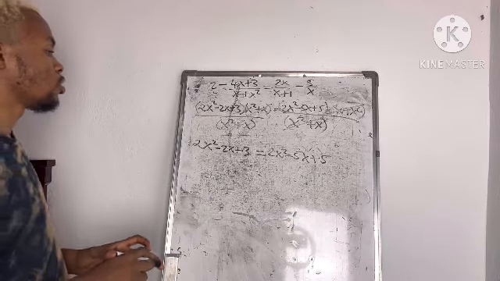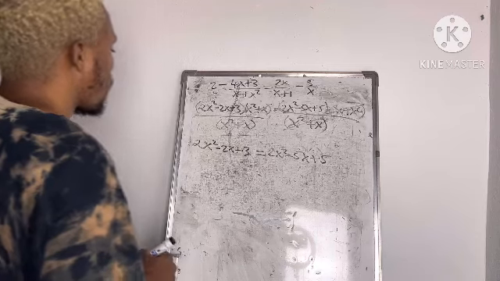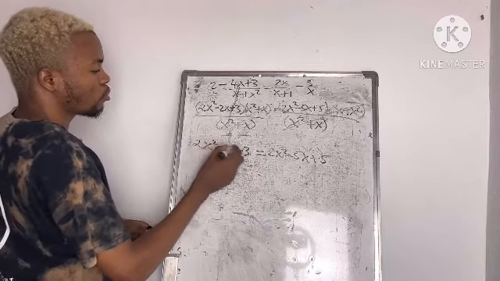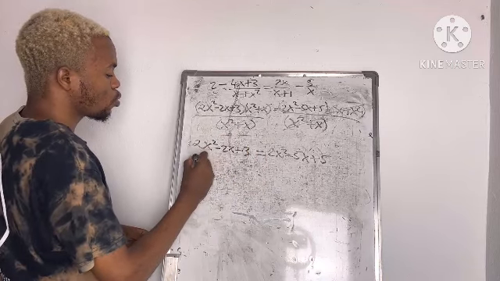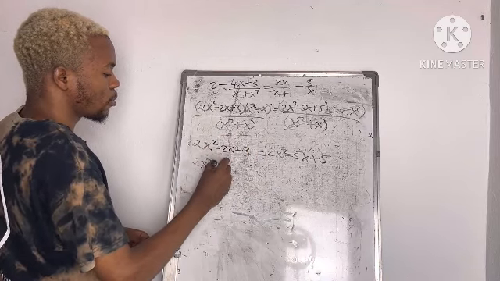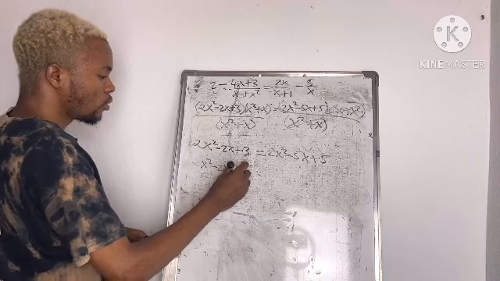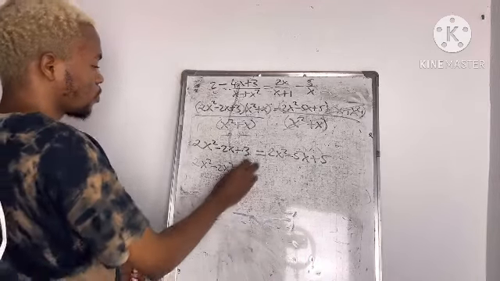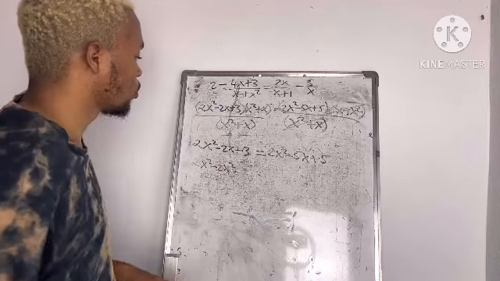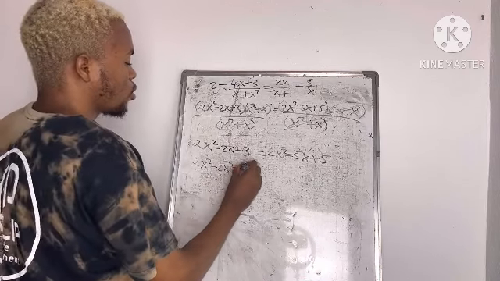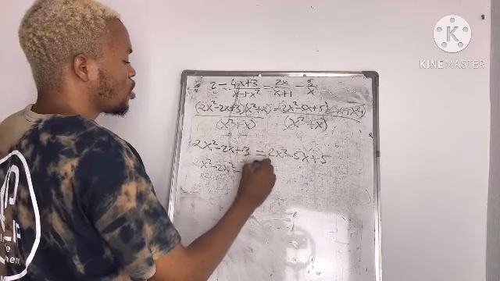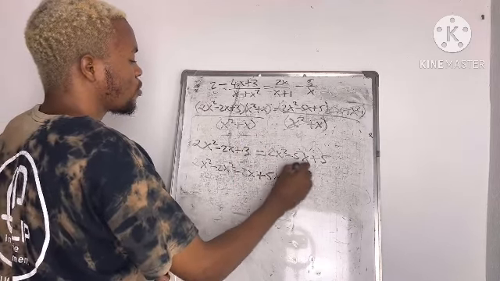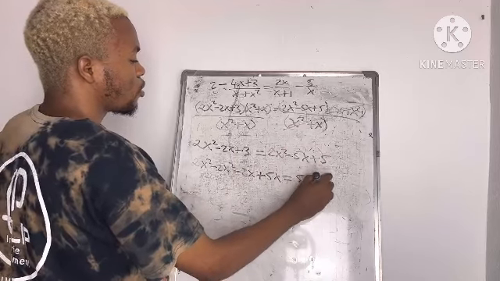Okay, so bringing 2x squared this way, you have 2x squared minus 2x squared. Minus 2x, you bring this way, you have plus 5x equal to, you have 5 this way, you take 3 that way, you have minus 3.